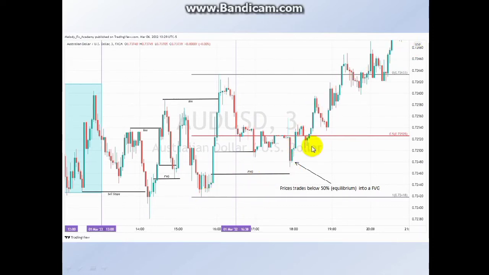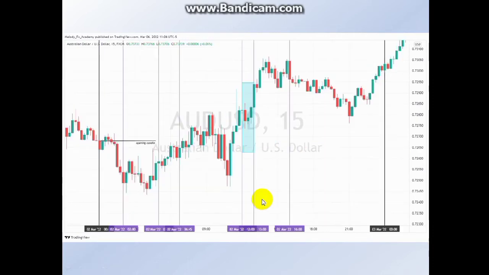You can see price trade up nicely. That is just how we break down the market into a premium and discount market.